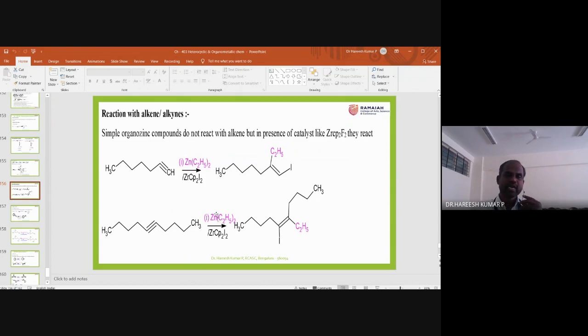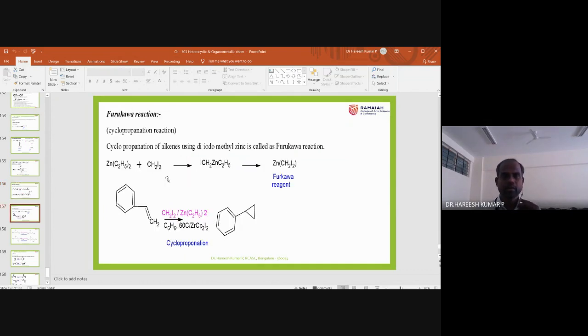In the next slide, I am also talking about the application of organozinc. Look here, this is one name reaction. What is happening here? Cyclopropanation. By this name reaction, one can get a cyclopropane compound.